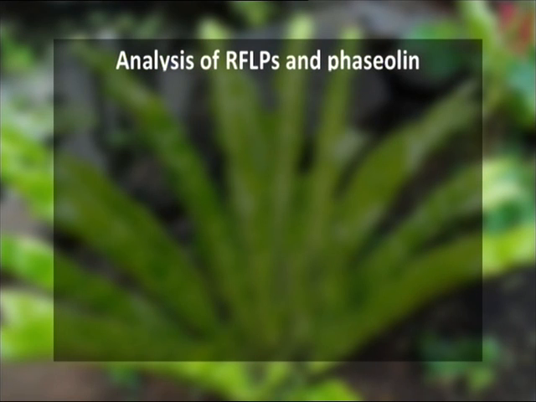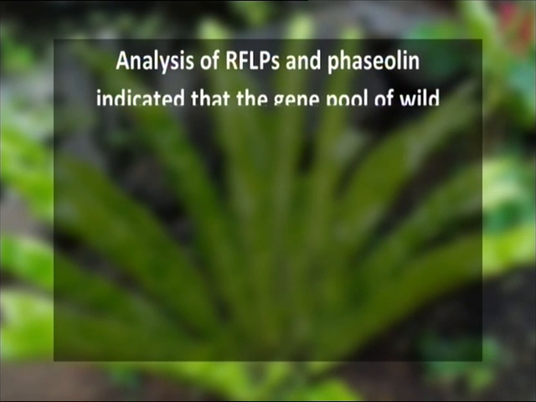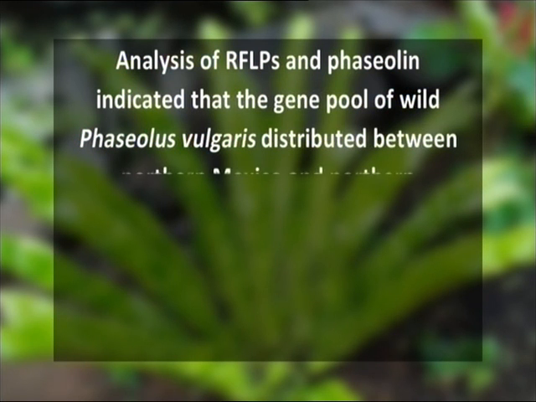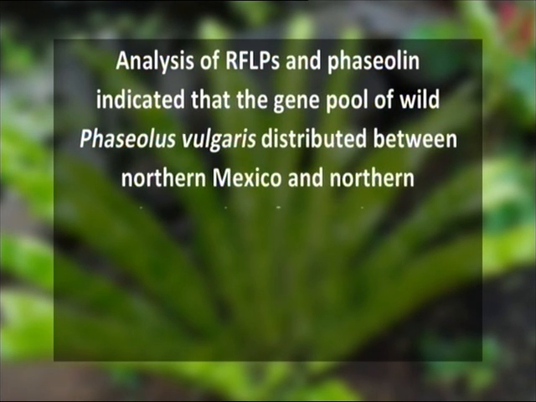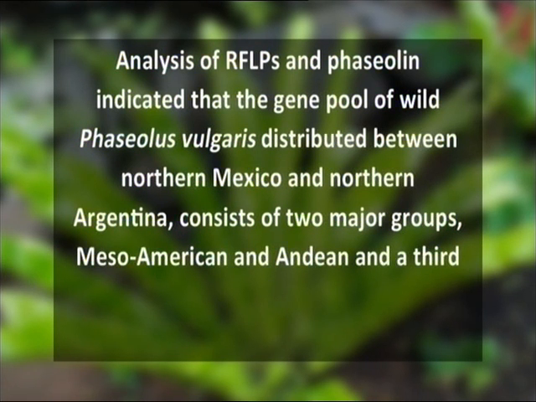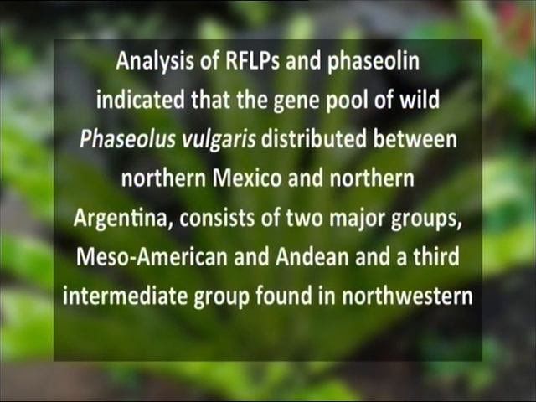Analysis of RFLPs and phaseolin indicated that the gene pool of wild Phaseolus vulgaris distributed between northern Mexico and northern Argentina consists of two major groups, Mesoamerican and Andean, and a third intermediate group found in northwestern South America.